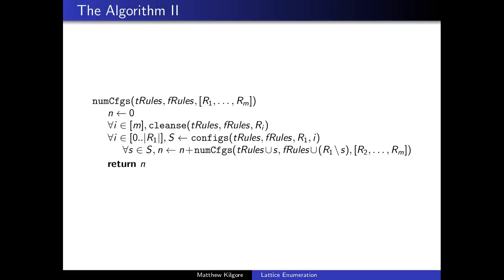Now, num_configs is a subroutine we defined, which determines the number of configuration classes given a pre-existing partial set of true rules and false rules, and a partition of all the remaining rules.